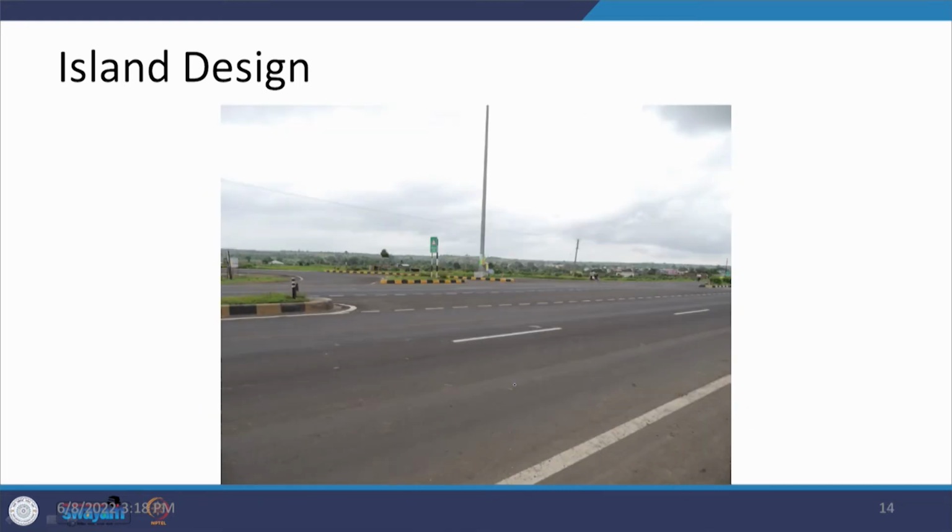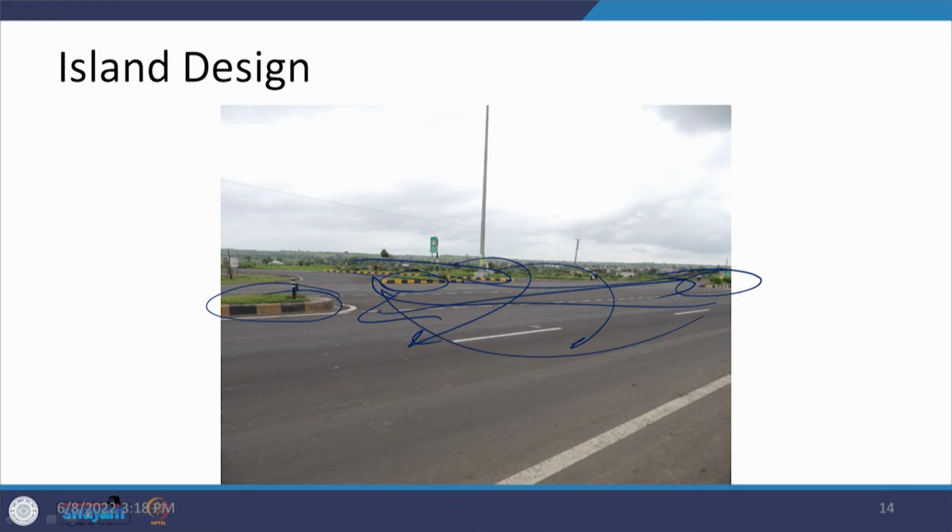Now, in this example you can see there is an island provided here, there is an island provided here, this is also another one, this is another site, but the size being provided is very high, and therefore what you found is that there are these movements, various types of trajectories can happen, and multiple points of conflict may arise in this one. Therefore, the total size of the intersection needs to be reduced in a manner that everything becomes more orderly.